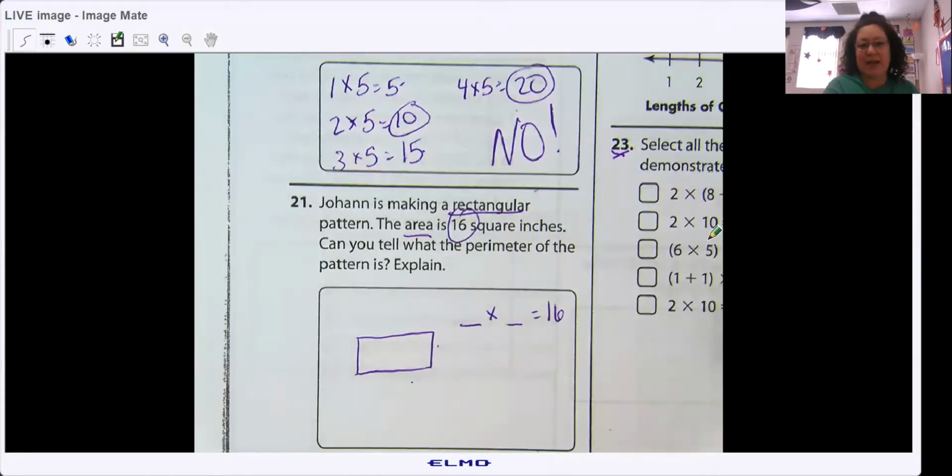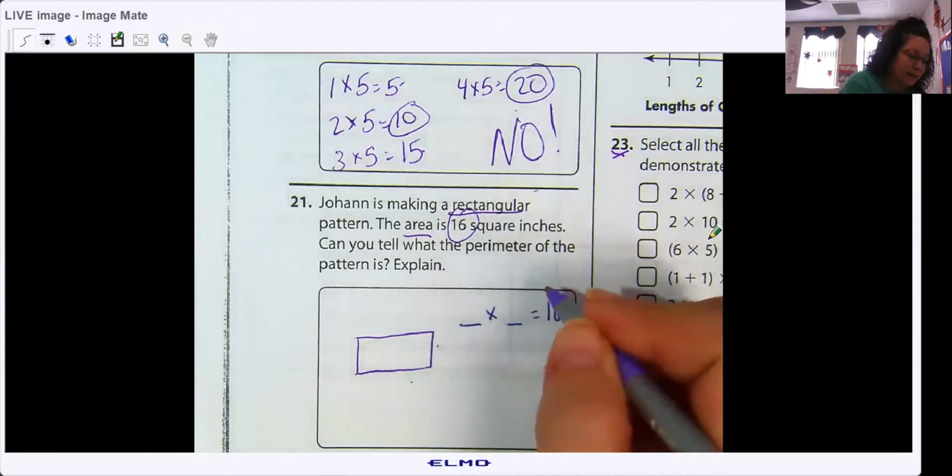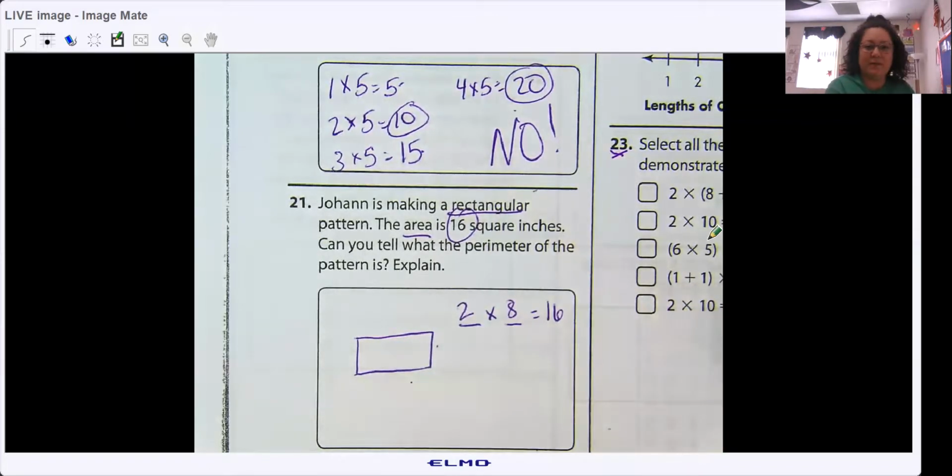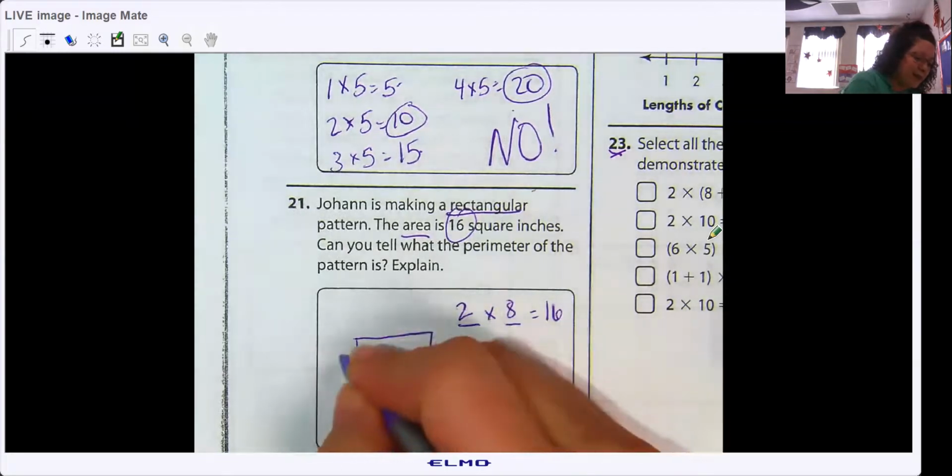What times what is 16? 2 times 8 is 16, right?